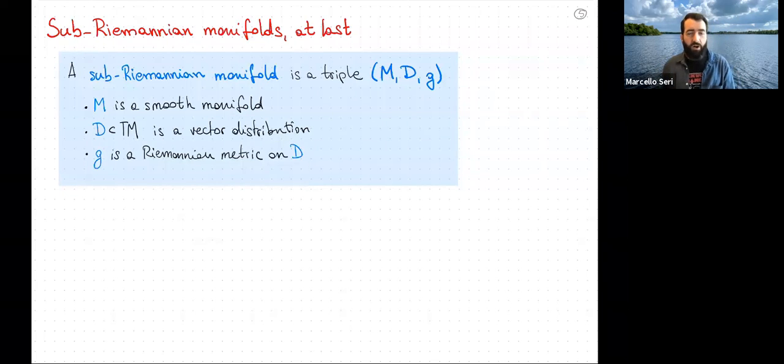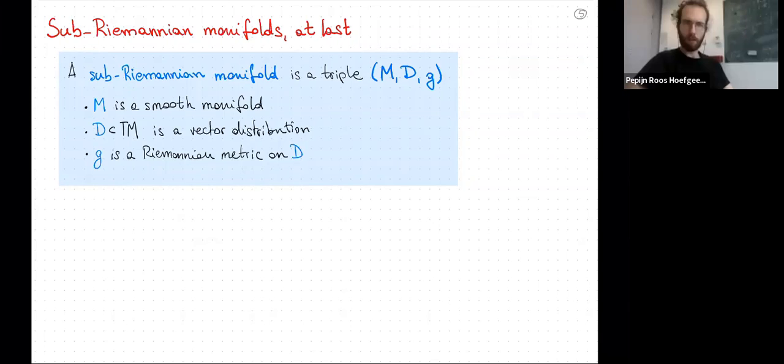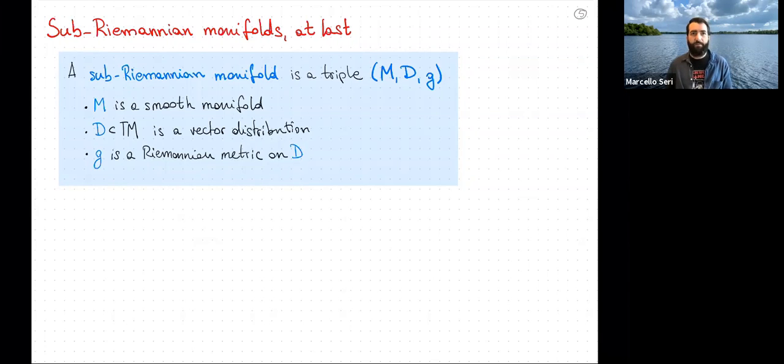Here, before moving on, for whoever is not an expert, you can turn off the volume for a minute. But for experts, this is not the most general definition. So you can define this in terms of a more general bundle. And as far as I'm aware, the most general definition is the sub-Finsler metric. Sometimes they call it generalized sub-Riemannian manifolds.